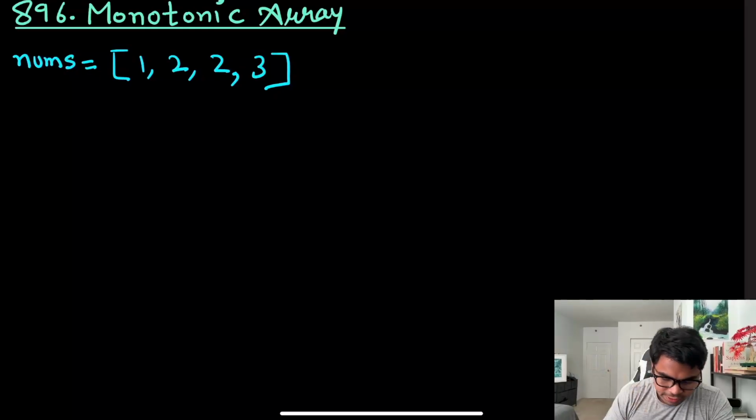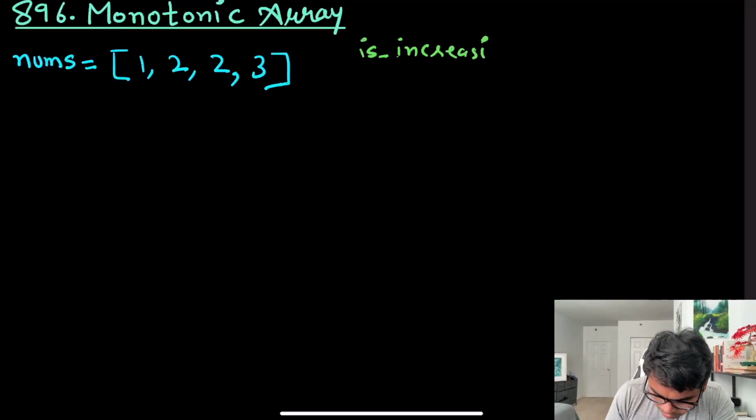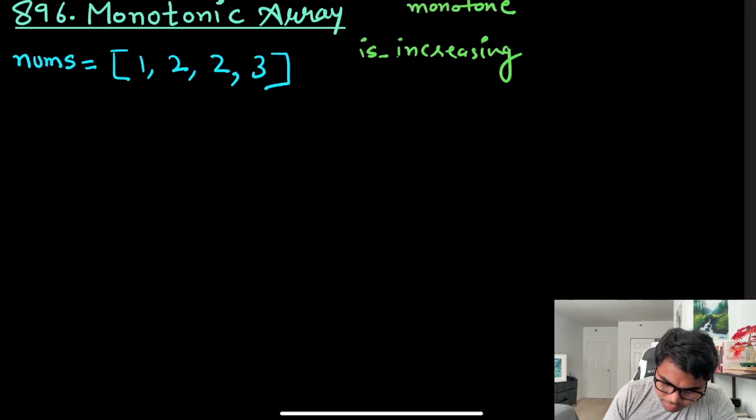All right, so I've taken the first example here. We are given nums. Now, as the conditions for monotonic increasing or decreasing stated in the problem description, basically we need to check if it is either monotone increasing or monotone decreasing.